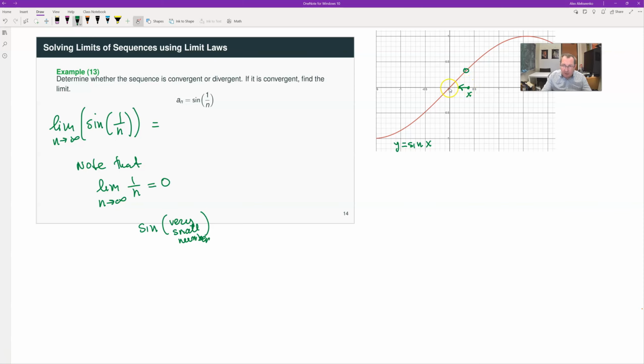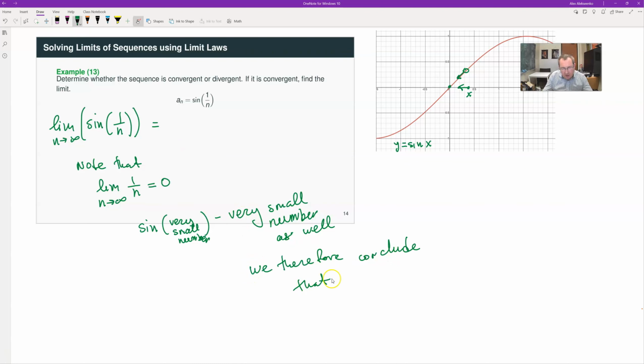As we get the number pushed in here, we will get the value of the function also pushed to 0. So we conclude that sine evaluated on a very small number is going to be a very small number as well. And we conclude that the limit of a_n is equal to 0.